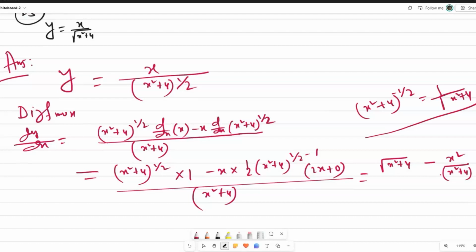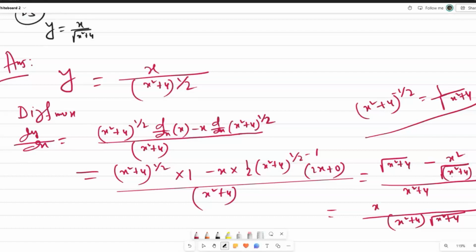And this is root x square plus 4 by, so to add and simplify, this is root over this, root over this.